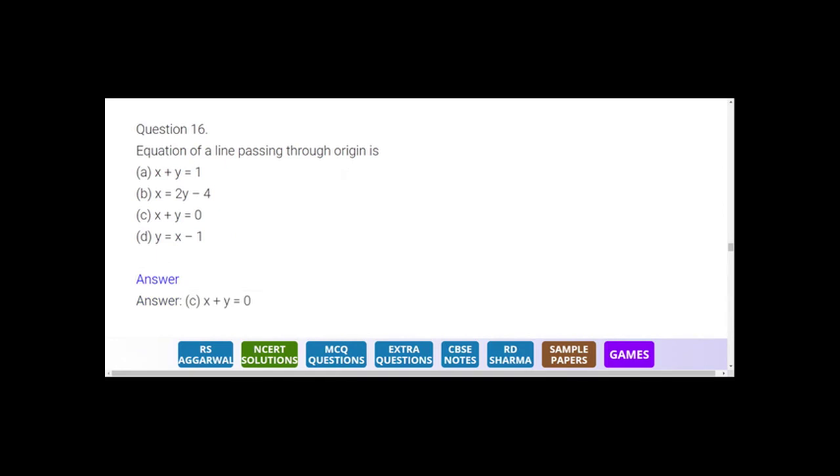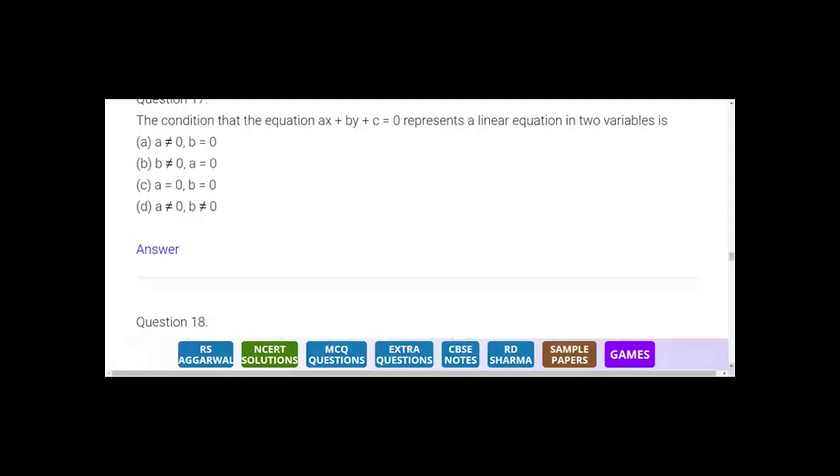Next is Sneha. You have to answer this question. Condition that the equation ax plus by plus c equal to 0 represents a linear equation in two variables is the condition.